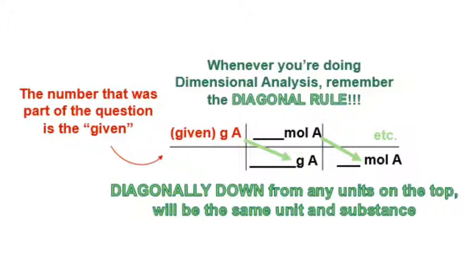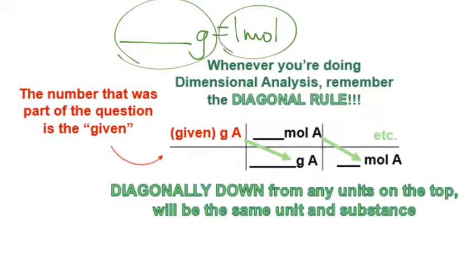But one of the things you've probably heard me say over and over again is this diagonal rule. This is how we decide, because there's two sides to any equation. If we use molar mass as an example, those equations had some number of grams that came from the periodic table equal to 1 mole.